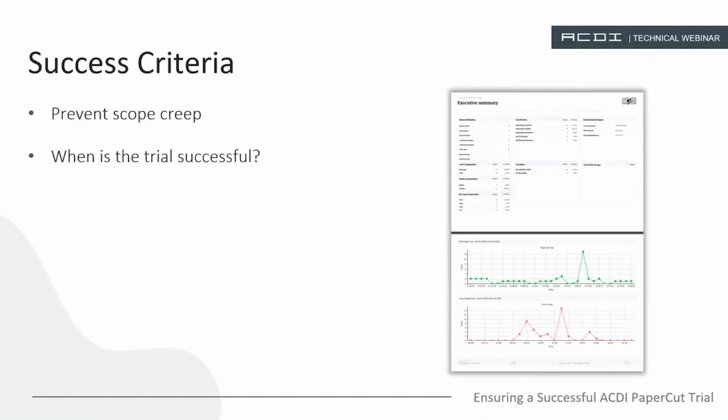Maybe we find something very unexpected, heavy after-hours usage or inappropriate usage. And by going through the reports with the end user, it shows our core strength of cost visibility and the ability to control escalating cost.